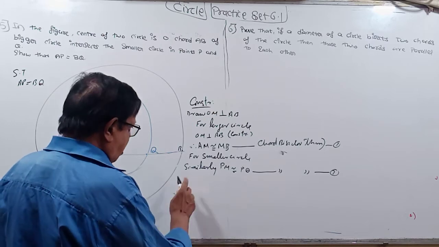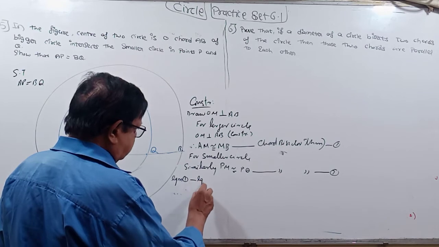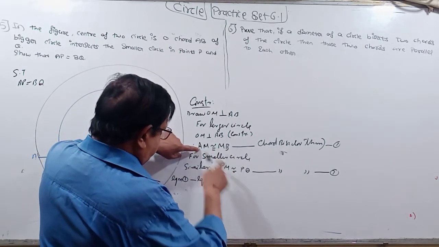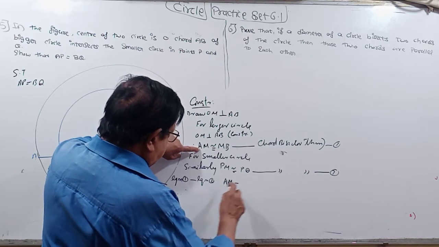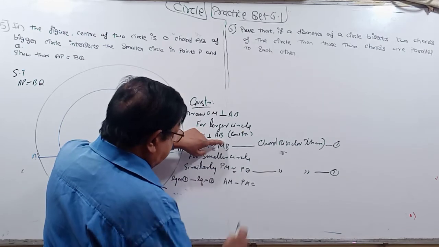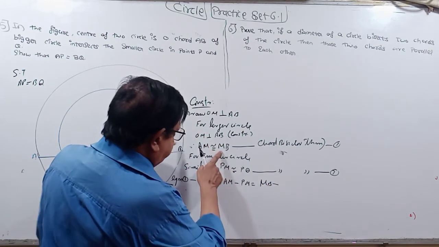Now equation 1 minus equation 2. Equation 1 में क्या है? AM equal to MB minus equation 2, PM equal to MQ.